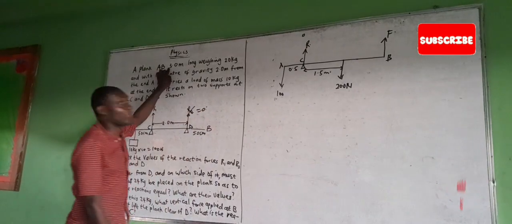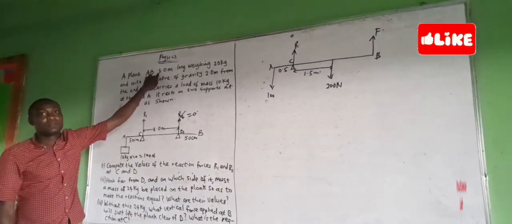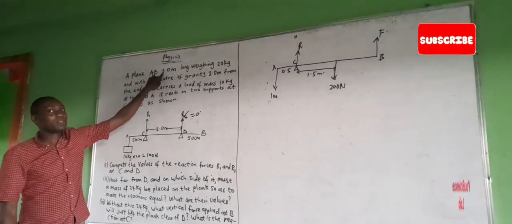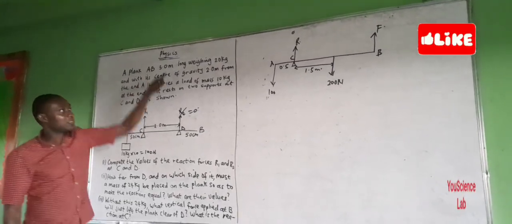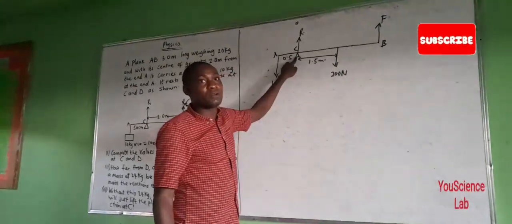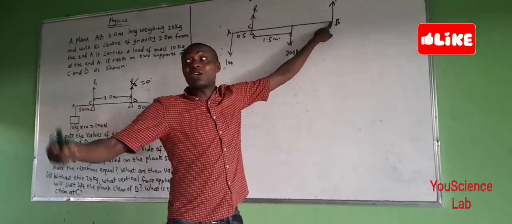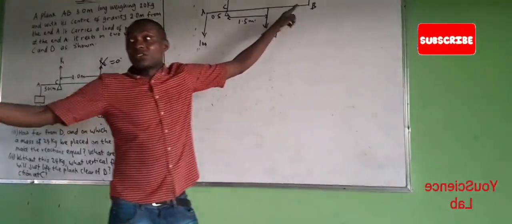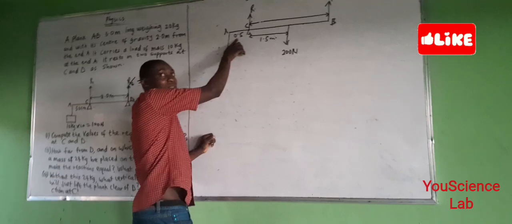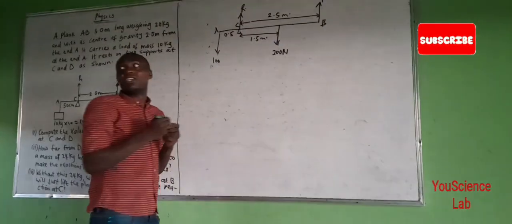The whole length of the beam is 3.0 meters, and from here to here is 0.5. So what will be from here to here? 3.0 minus 0.5, and that gives us 2.5 meters.